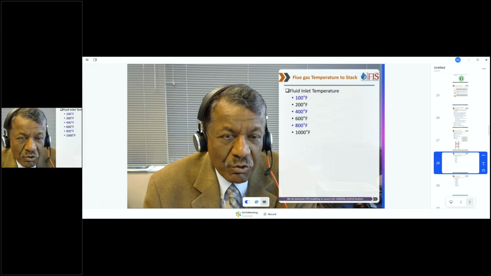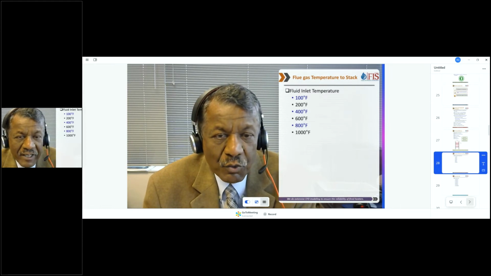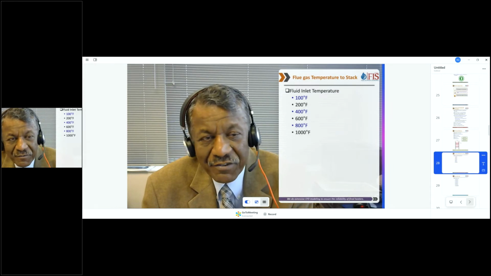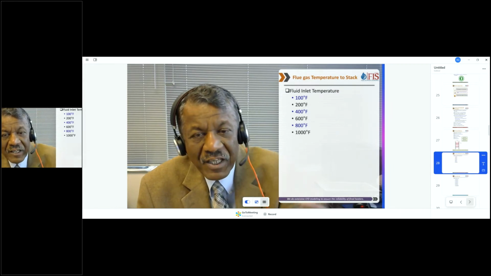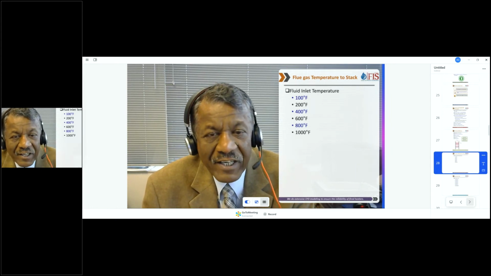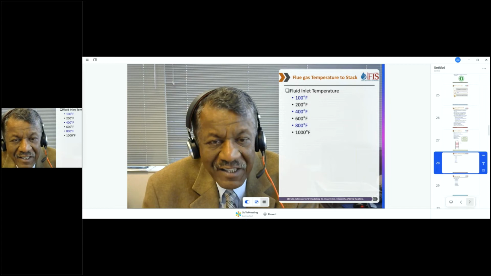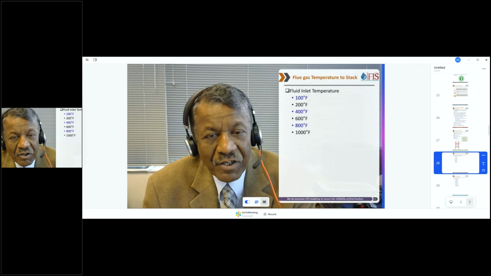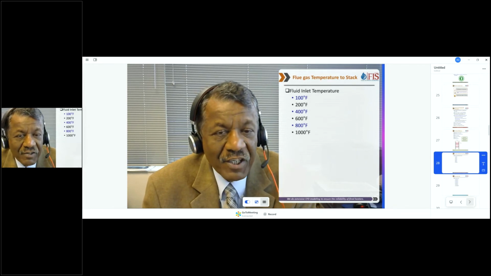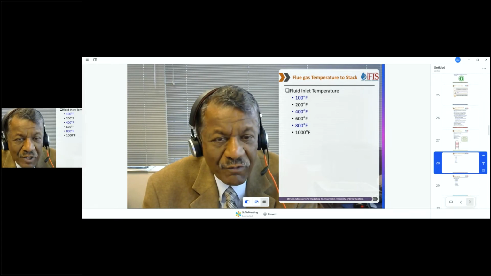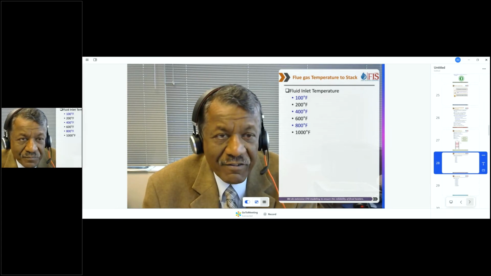Those of you who know Q is equal to UA delta T, and delta T is a log mean temperature difference. So it's basically, if I have 100 degrees, 200 degrees, I can make the heater efficient all the way to 90% without putting any air preheater or waste heat recovery, because I have very low temperature. So I can cool my flue gases straight away.